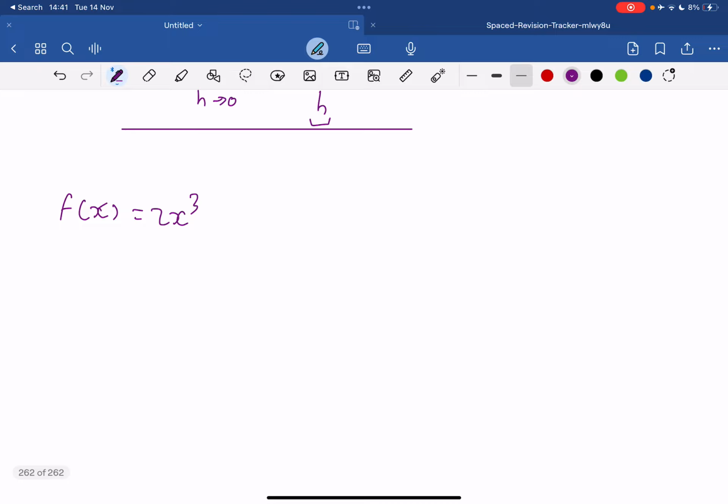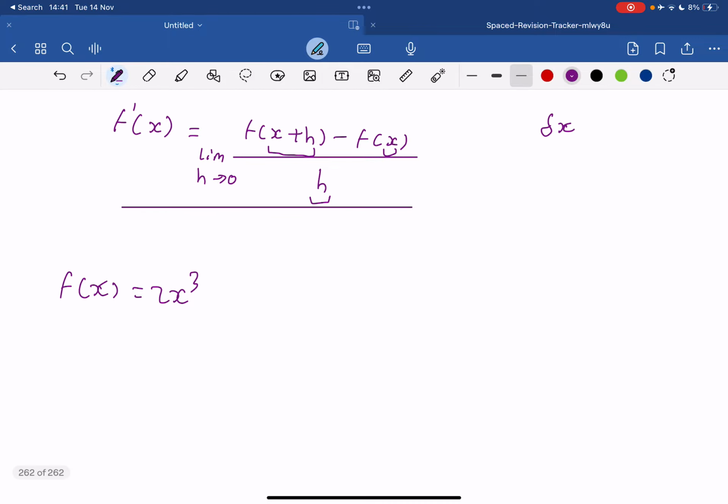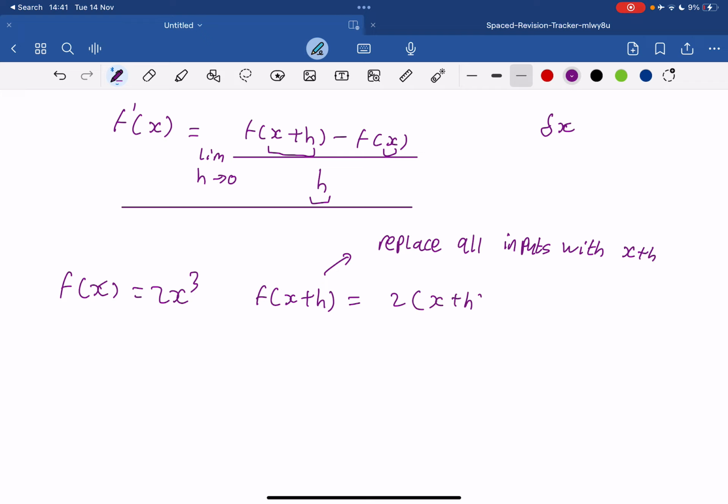So if I know f of x equals 2x cubed, f of x plus h means replace all the inputs of x with x plus h. The input in this case is x, so replace x with x plus h. So this would equal 2 bracket x plus h cubed.